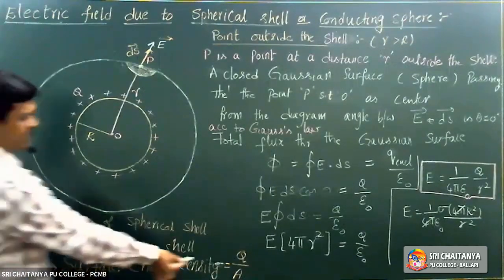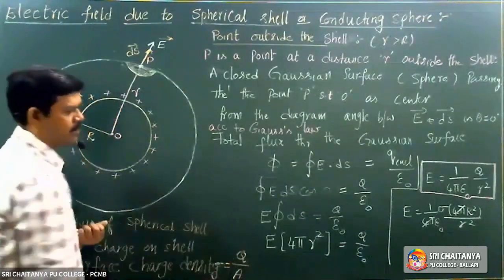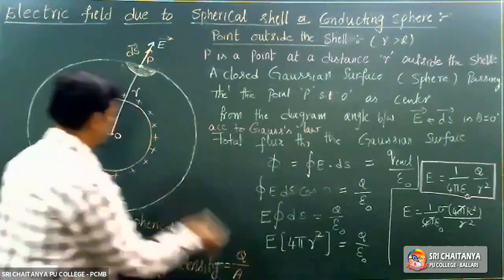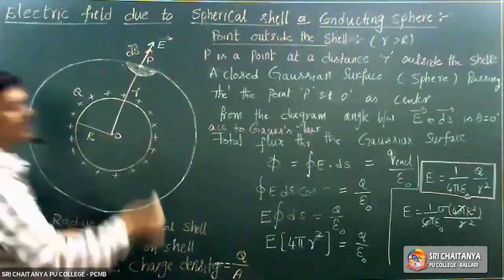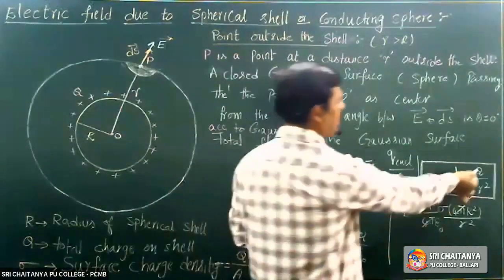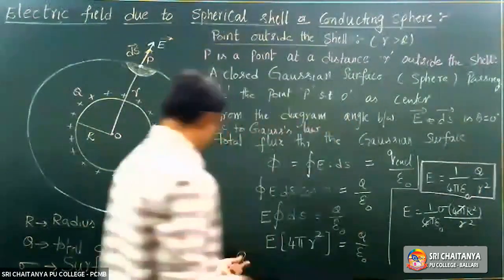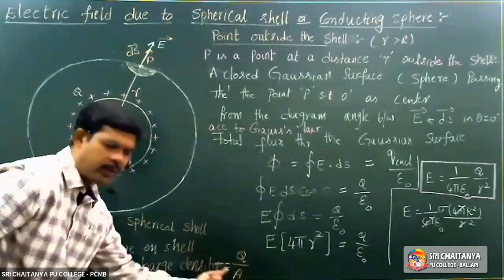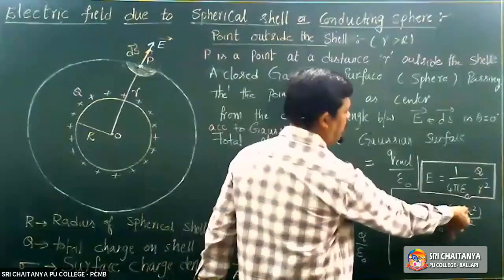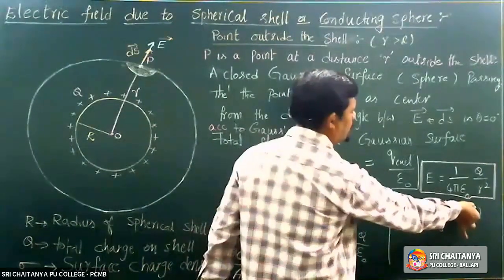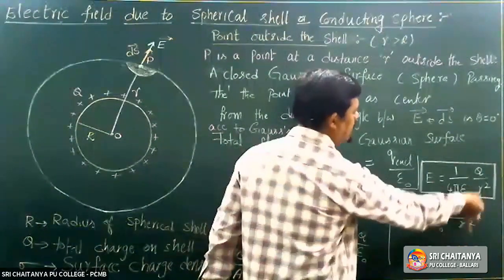Surface charge density is Q by A. Whose A? The spherical shell area. Then Q is equal to sigma into A.